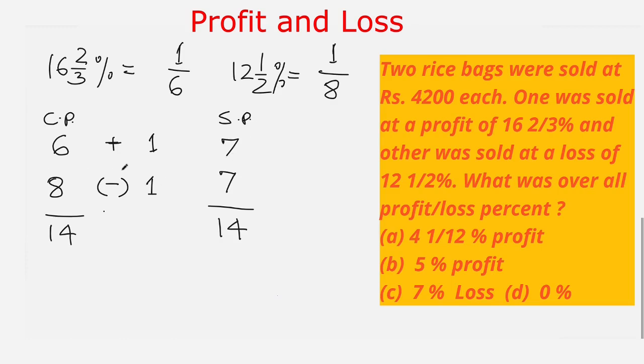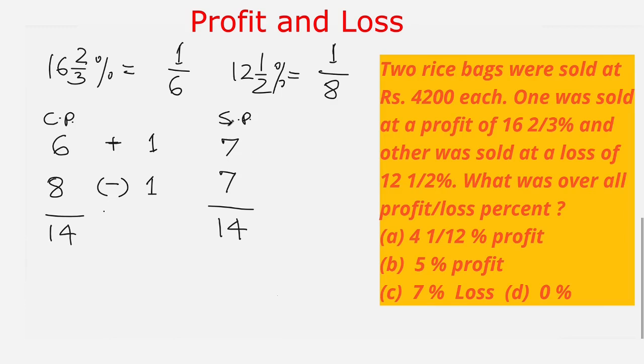Another is sold at 12.5% loss. That is, the item costing 8 is sold at a loss of 1 over every 8. It means that it is sold at a price of 7. 8 minus 1 is 7. If we add both the CP, then 6 plus 8 equal to 14.